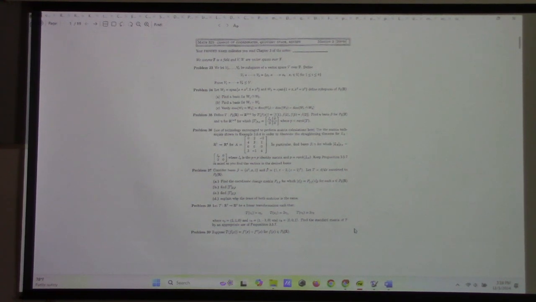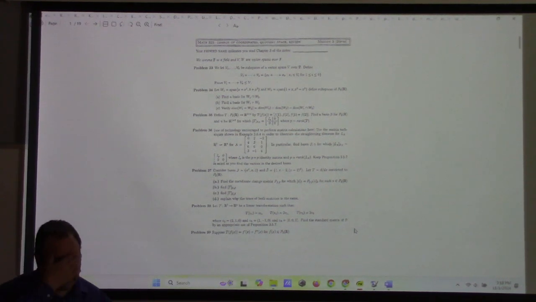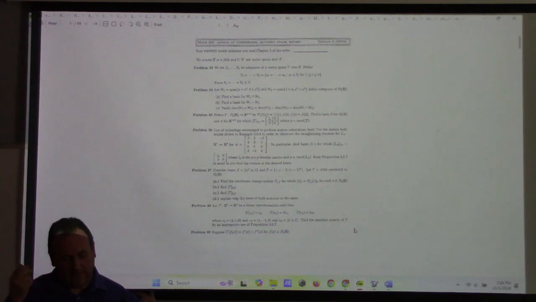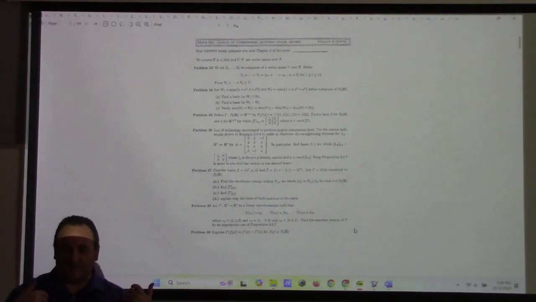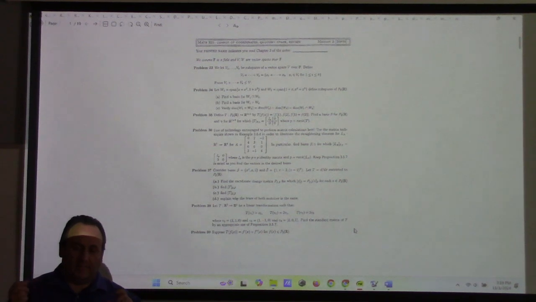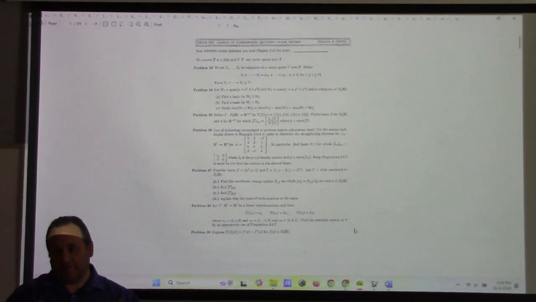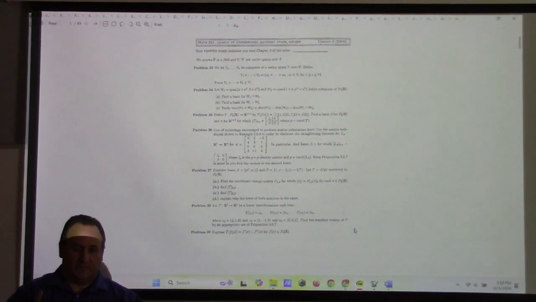And so if you have a linear transformation from a finite dimensional vector space V to a finite dimensional vector space W, then you can look at the matrix of it, which is going to be an m by n matrix. And we already know from 221 that we have pivot columns and non-pivot columns, right? The number of pivot columns is the dimension of the column space, and the number of non-pivot columns is the dimension of the null space, which we call the nullity, right? On the other hand, dimension is preserved in an isomorphism, right?